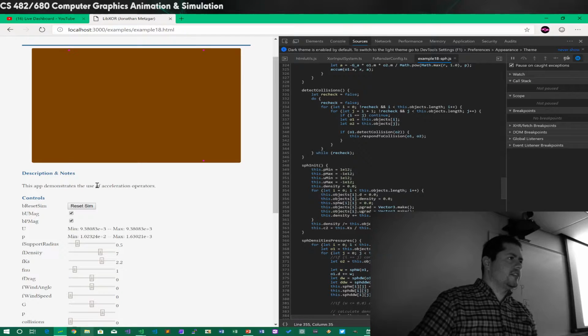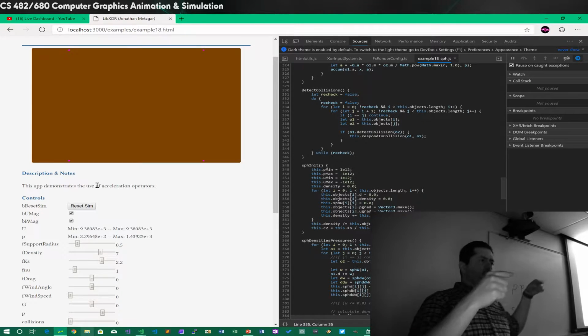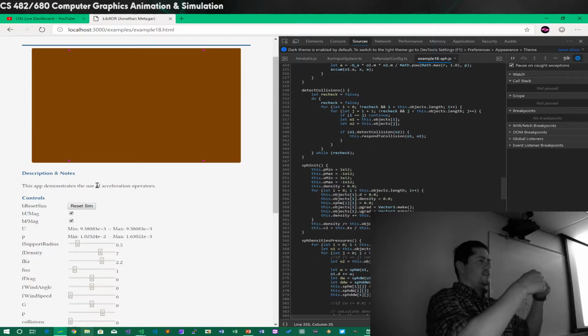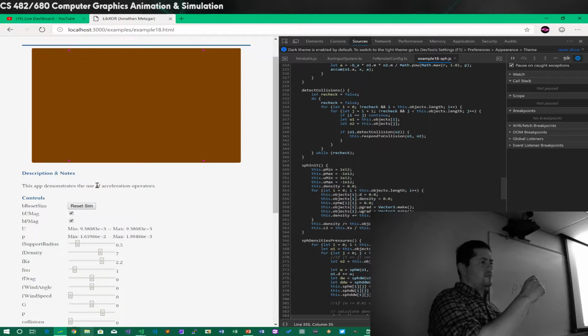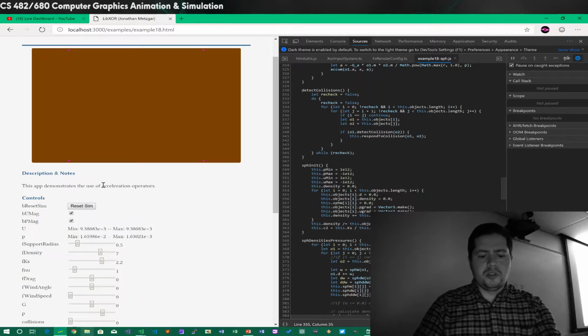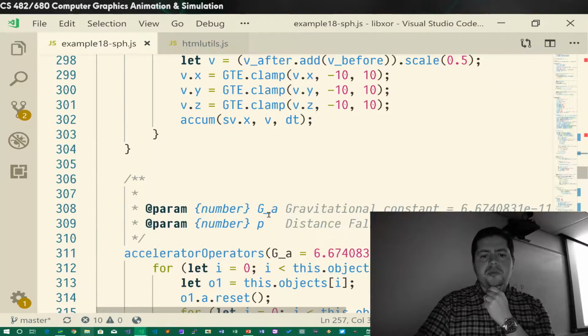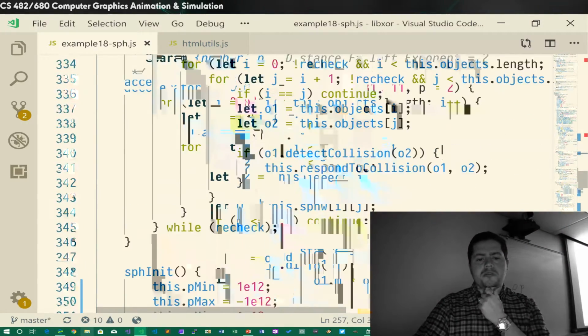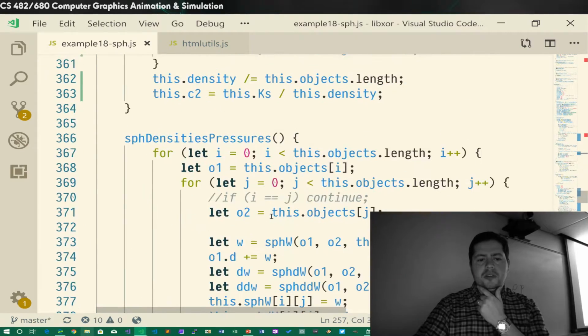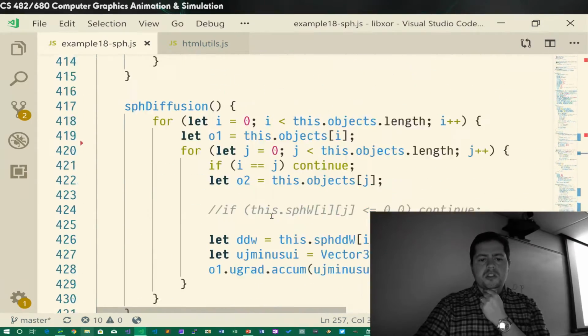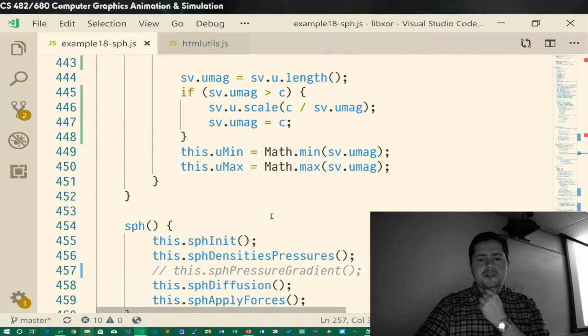I bet the walls cause issues because it wants to push some out of the wall, and then because it can't go outside the wall, it keeps compounding the velocity, trying to get out of the wall but not able to. So I'm thinking that when we bound the particles, maybe it's because we're not doing anything with the fluid velocities.